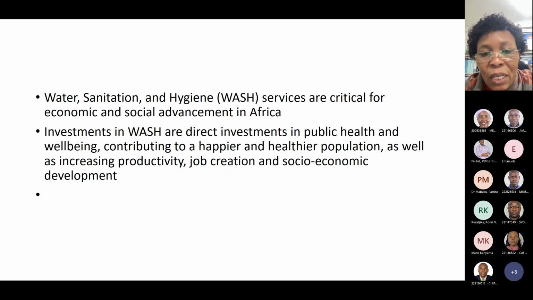This goes without saying that water and sanitation and also hygiene services are critical for economic and social advancement in our continent. And investment in WASH is a direct investment in public health and well-being, contributing to a happier and healthier population, as well as increasing productivity, job creation, and economic development.